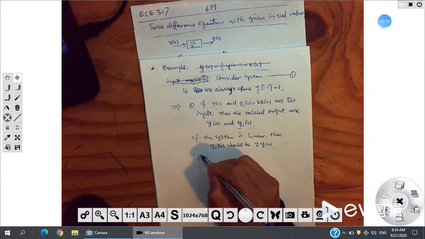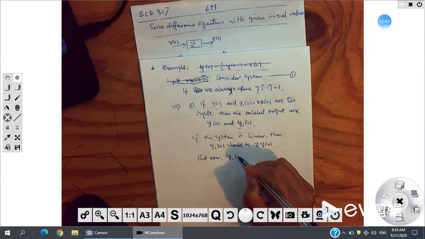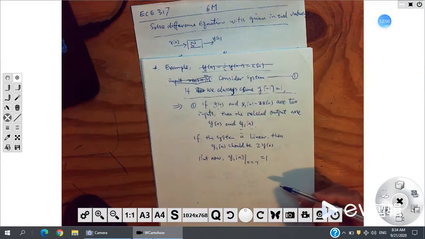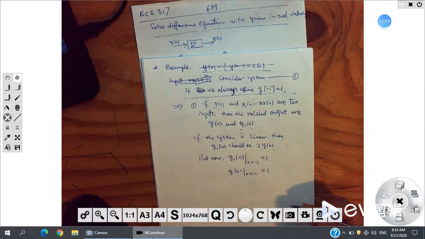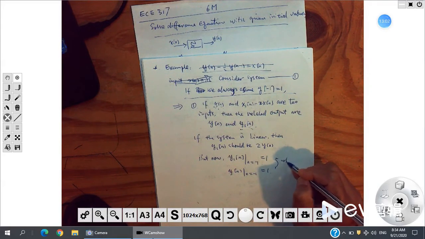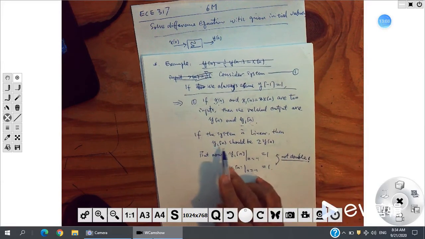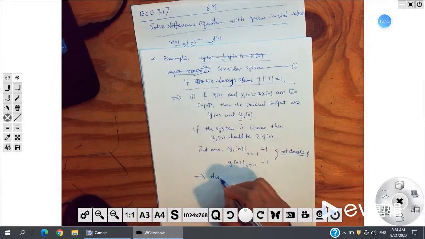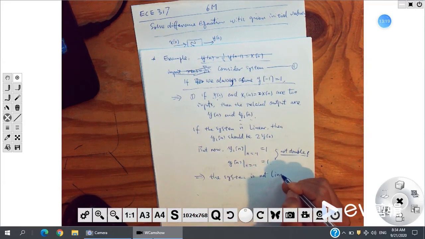But now y1[n], when n is -1, is 1 because we always assume the initial value is 1. And y at n equal to -1 is also 1. Not double. Yeah, if it is linear, it should be double. But now it is not double. So we say the system is not linear.